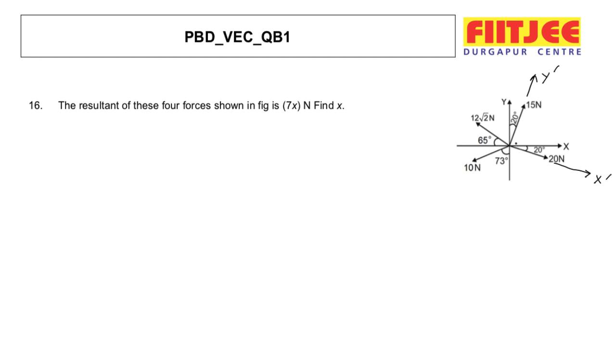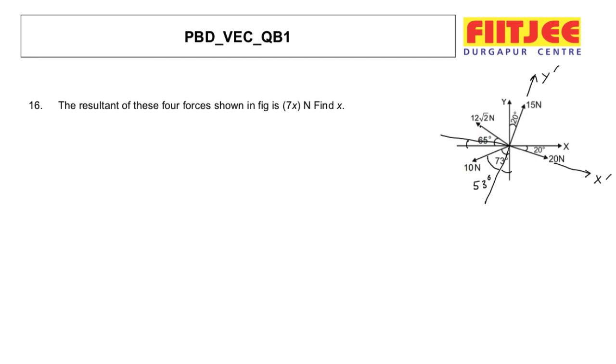Why I have done that: you can see now the angles are pretty known to us, because now this is y prime, this is x prime. So these two are along the y axis and x axis. About this force, you can see this is 20 degrees, so this is 20 degrees. So this force is actually lying 53 degrees from this y prime axis, and as this is 20 degrees, this is 20 degrees.